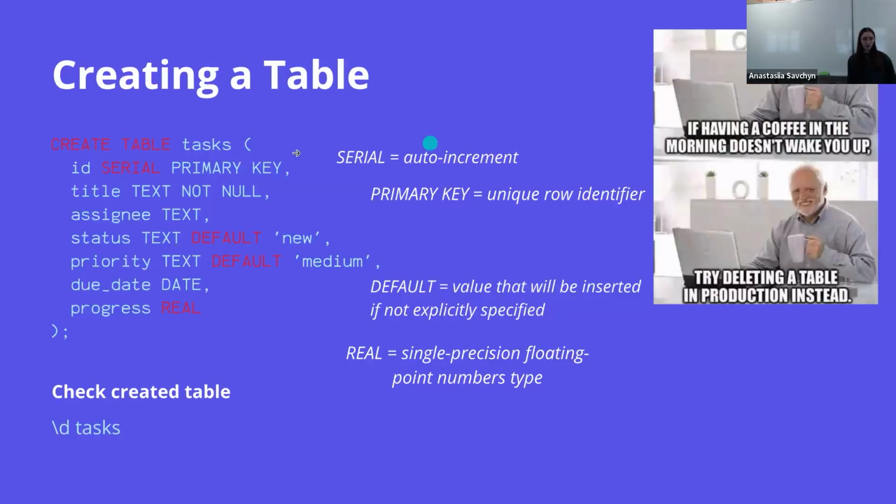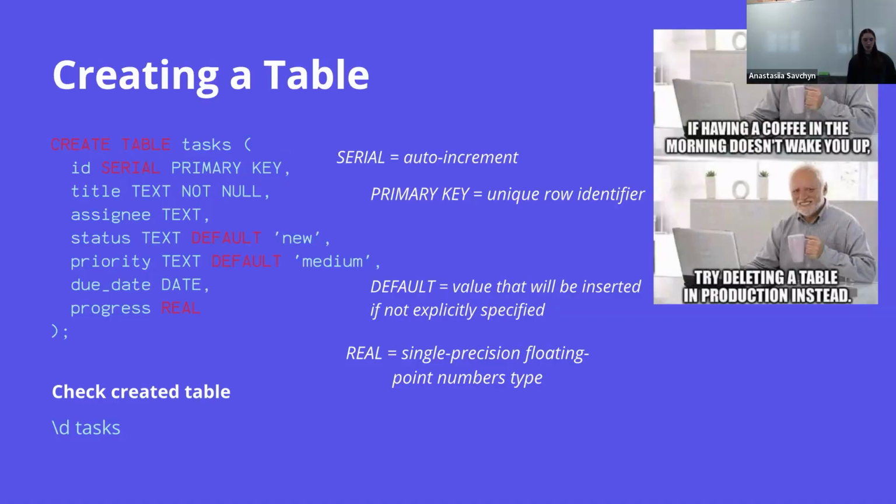After that, we have the table name. Here it is an example with tasks. And then in parentheses, we have to specify our fields and their types. That is really important because after that, your field will have a particular type and you will not be able to insert something else into it.